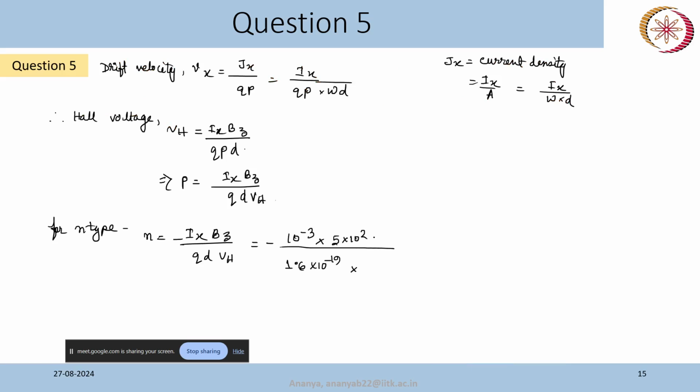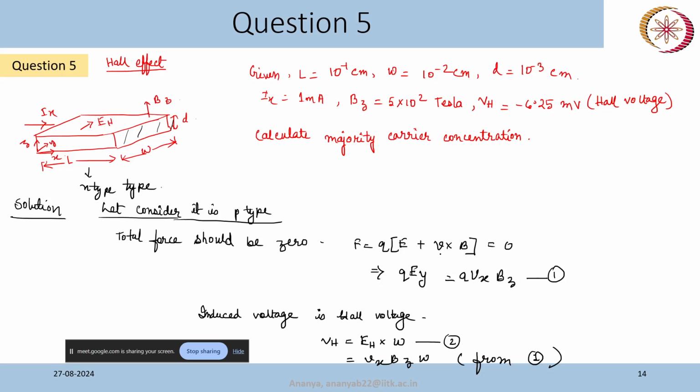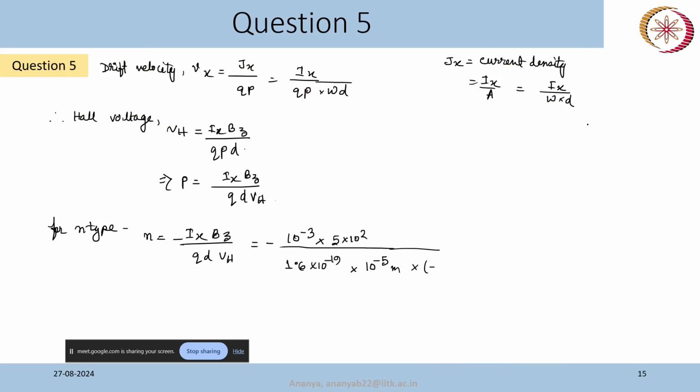I am writing everything in meters because every other parameter is in standard units. So 10 to the power minus 3 centimeter is 10 to the power minus 5 meter. Into VH, which is negative, minus 6.25 millivolt.